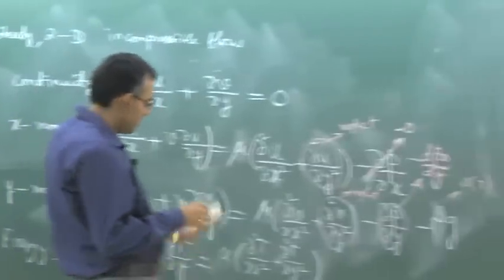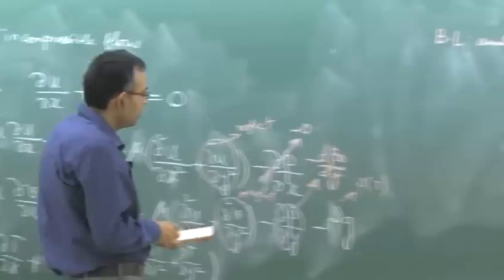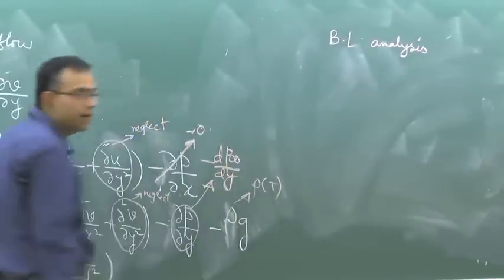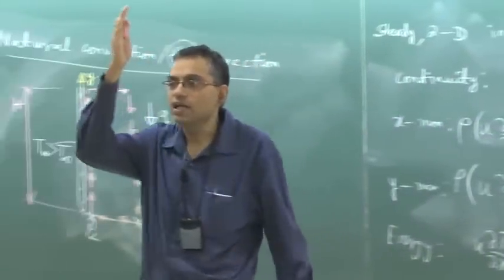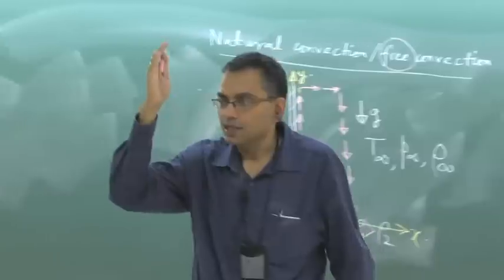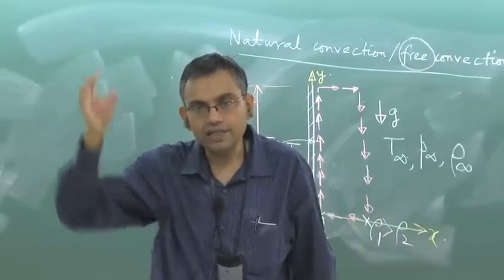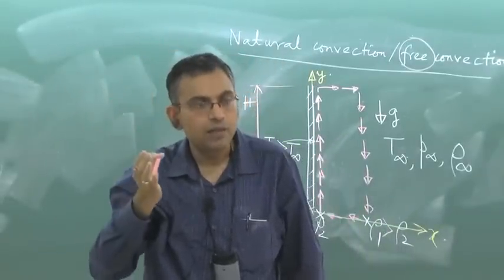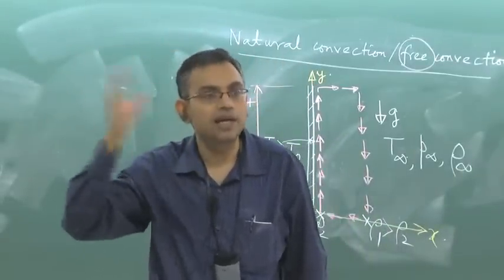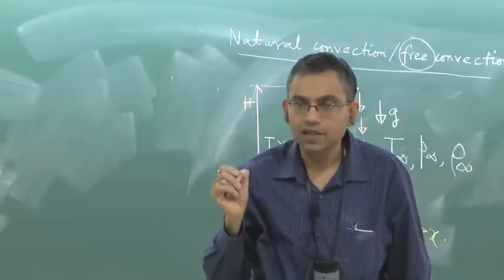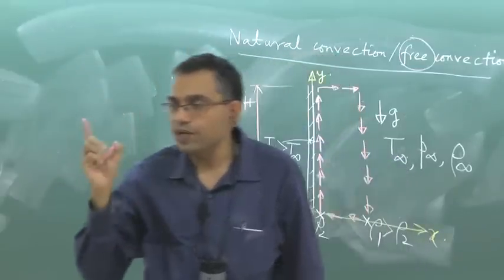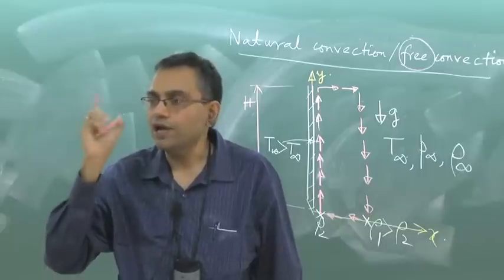So you can see now, what is dp infinity dy, what is infinity here. So there is a heated flat plate, there is a convection current close to the plate, but far away from the plate what is there? Far away from the plate there is no motion of the fluid, right. So there is a big difference between natural convection and forced convection.